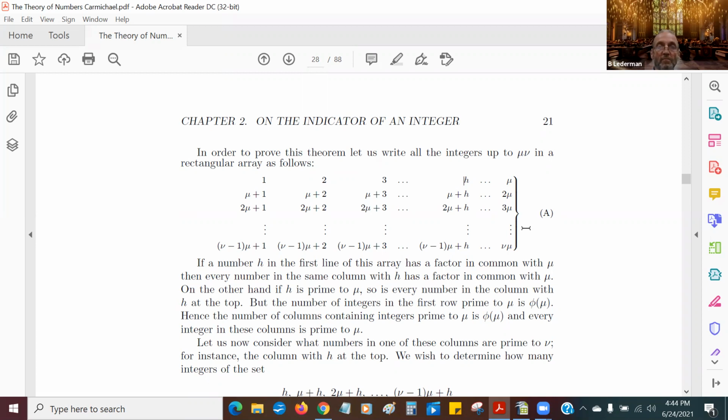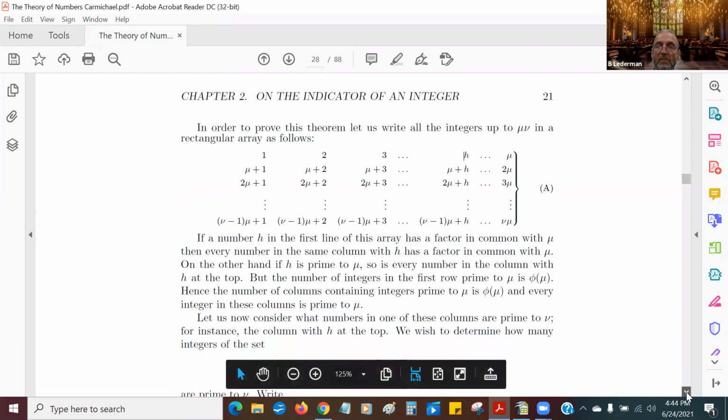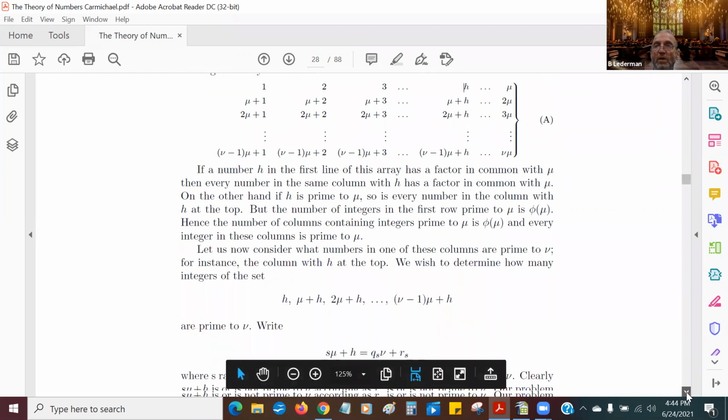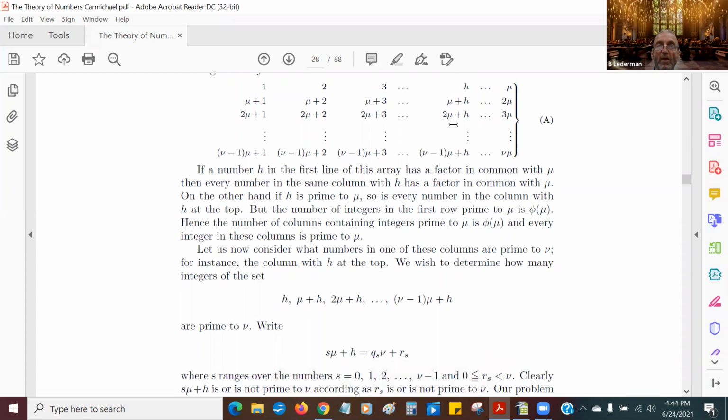Now, let's look at the numbers in one of these random columns. So we're going to pick a random column here, and we want to consider what numbers in this column are relatively prime to v. So in this random column, how many numbers are prime to v?